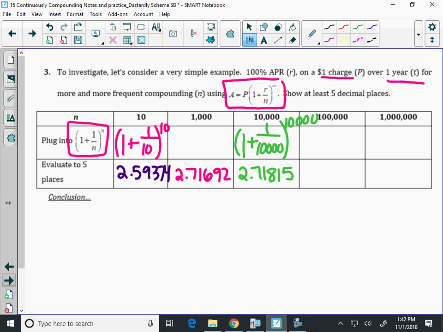That was what you would owe, so about $2.72 if this was your credit card. What about my rows for 100,000 times of interest, Jamie? 2.71826. All right, 2.71826. And my 1 million row? What do you have, KJ? 2.71828. Yes.